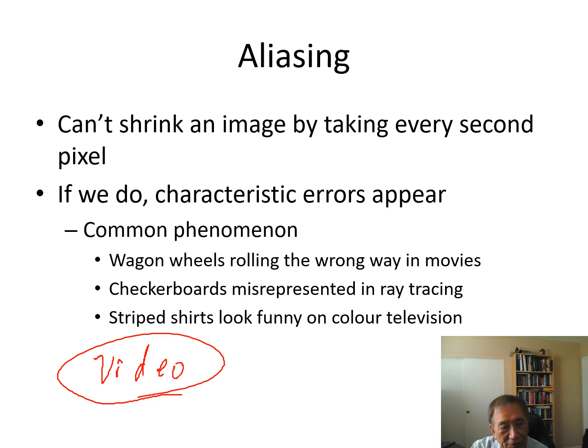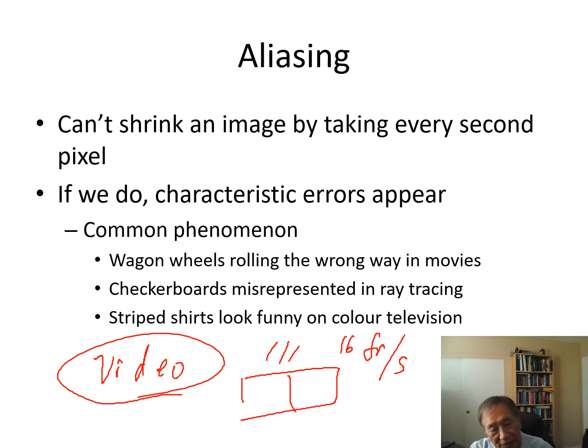But video is a sampling. The typical movie, in the good old days, was 16 frames per second, so each second has 16 frames. When we are looking at a film, the frames are fixed, like photography.